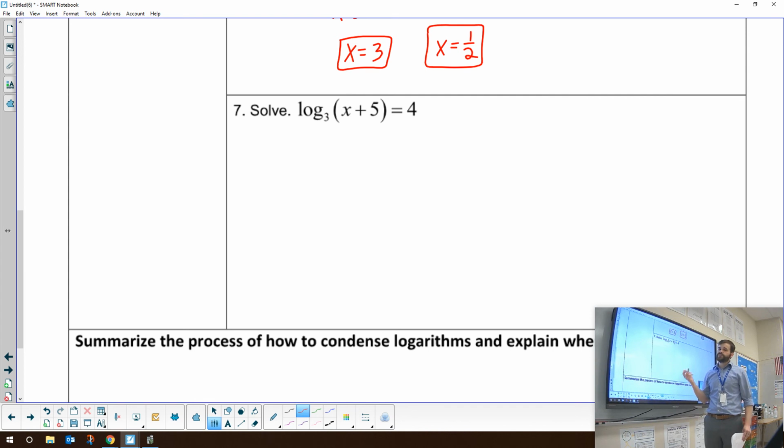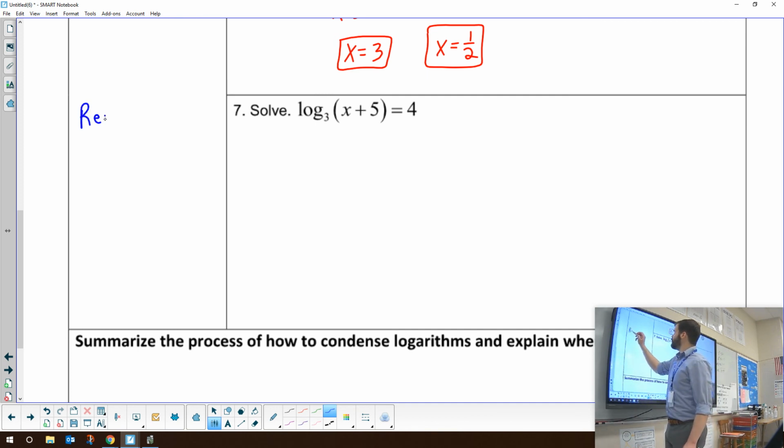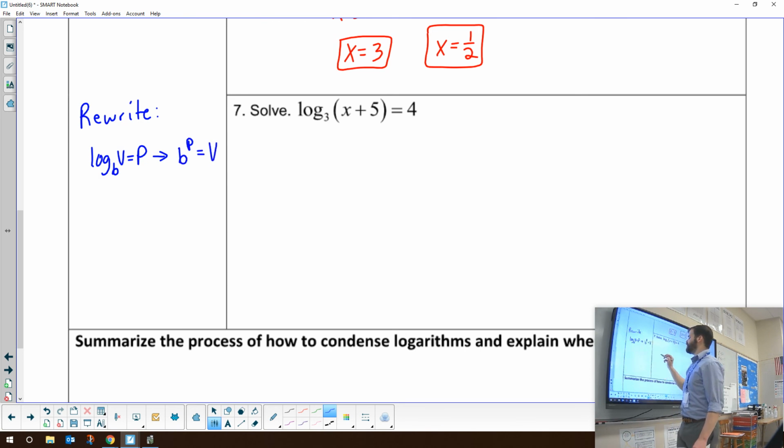So what we do is we solve this like we did yesterday. We isolate my logarithm, and we're going to rewrite. If there's only one logarithm, we're going to go from log base b of my value equals p to b to the power of p equals my value.